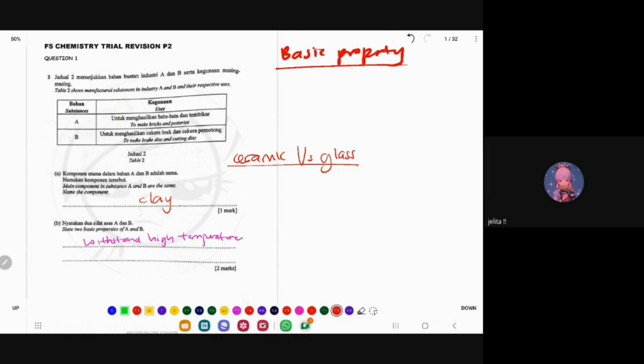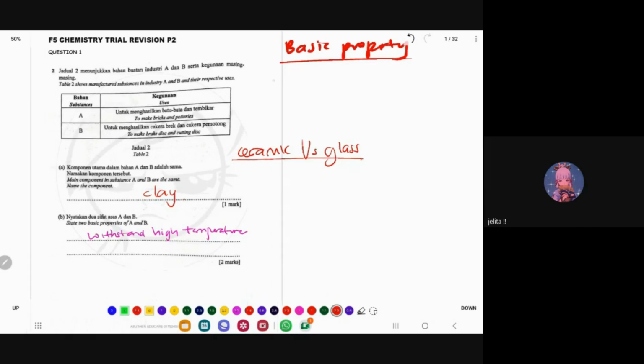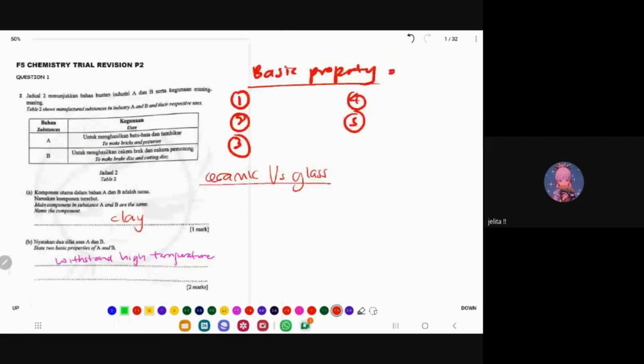There are 6 basic properties of ceramic. You can say it acts as a heat insulator, hard and strong, and heat resistant, can withstand high temperature.